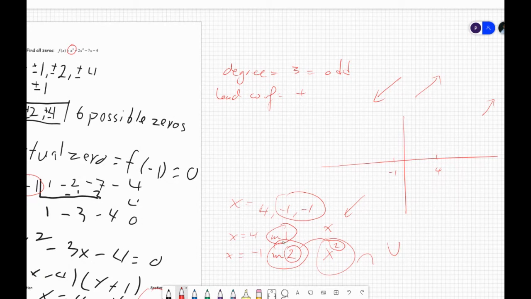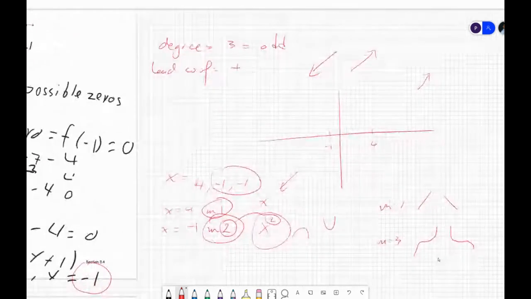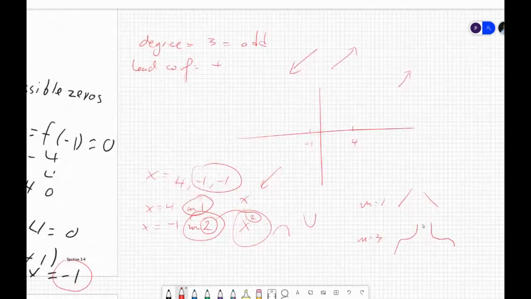Because there is a difference between a multiplicity of 1 and a multiplicity of 3. Multiplicity 1 just looks like a straight line like this, but multiplicity 3 goes like this. See how it has a little curve in it? They both cross, but they cross differently. So you have to be able to distinguish the difference between them.